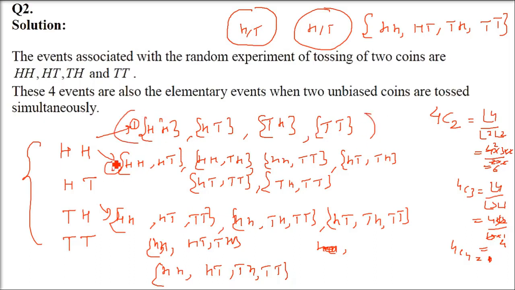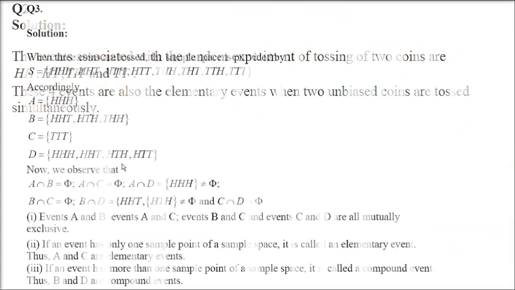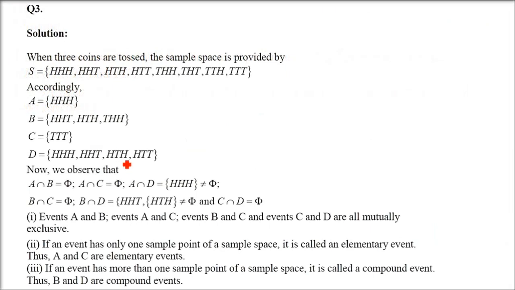So all these, whichever I have written, this whole set is the total answer. The second part is asking how many of them are elementary events. So HH, HT, TH, TT, 4 elementary events are there. Now question number 3.